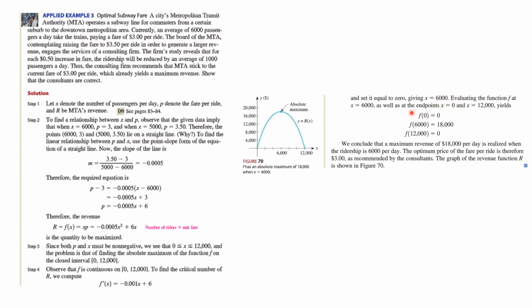Evaluating the function at 6,000 as well as at the endpoints, we find that the maximum revenue is obtained when 6,000 people ride. That's what we're doing already, so we stick with the $3 as recommended by the consultant. Here's a graph showing where the absolute maximum happens. You see it is at 6,000, and the absolute maximum is 18,000.